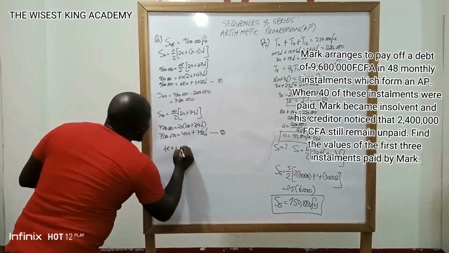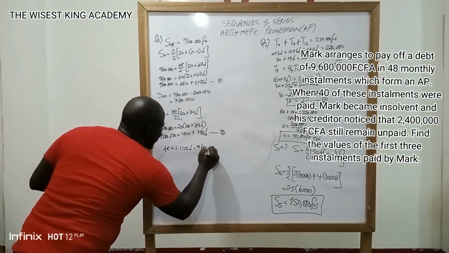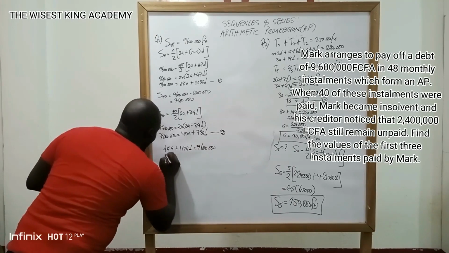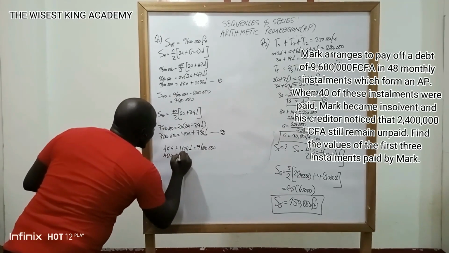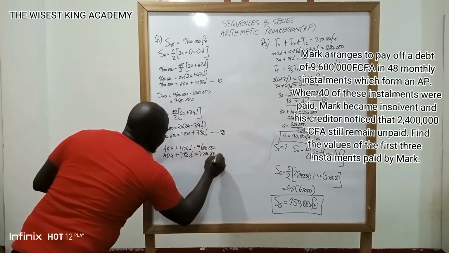48a plus 1,128d equals 9,600,000. 40a plus 780d equals 7,200,000.